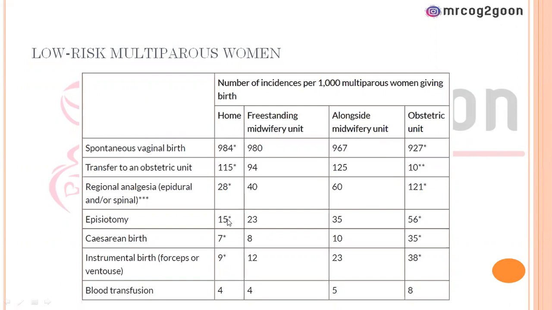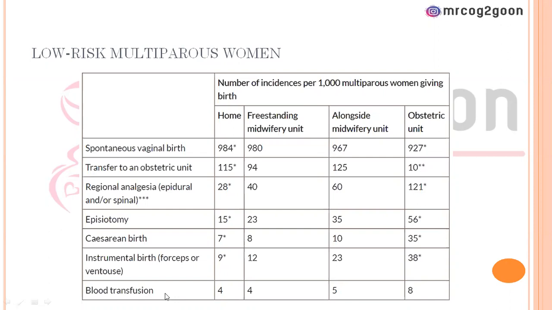Episiotomy is lower with home and higher with an obstetric unit. Also cesarean section, instrumental birth, and blood transfusion, because in an obstetric unit you will have a low threshold for doing intervention, but at home you will have a higher threshold.